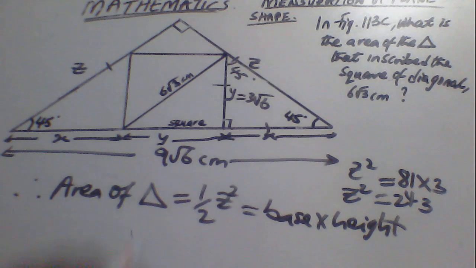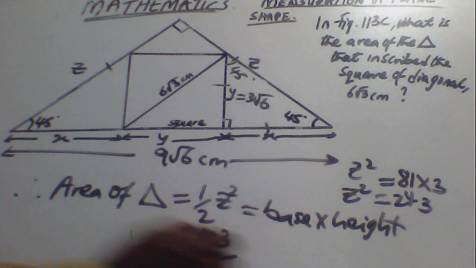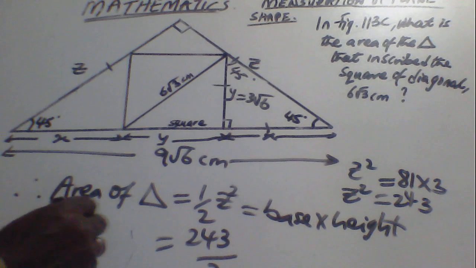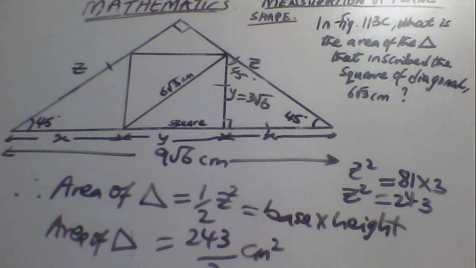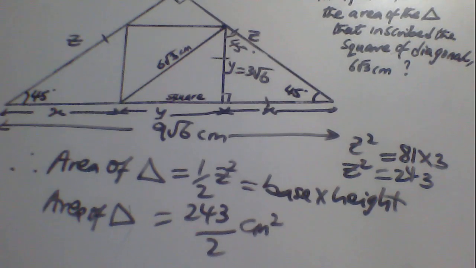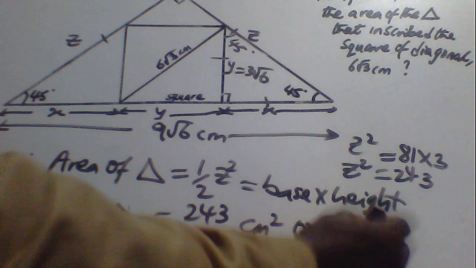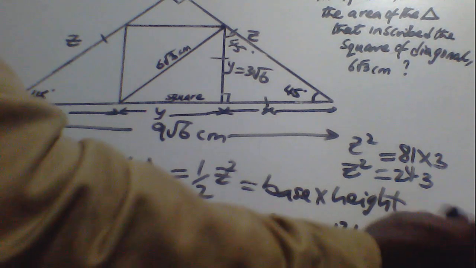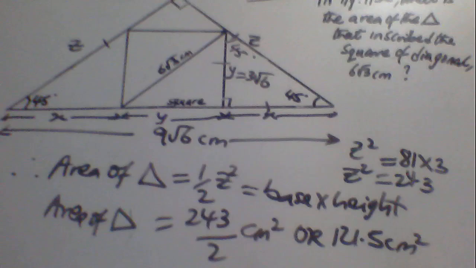So z squared, in this case, we have z squared to be 243, divided by 2. That is the area of the triangle, in cm squared. So this is the area of the triangle in which you are required to solve. You can leave your answer in this form, or you can leave it in decimal form. So that is the solution to the given question.